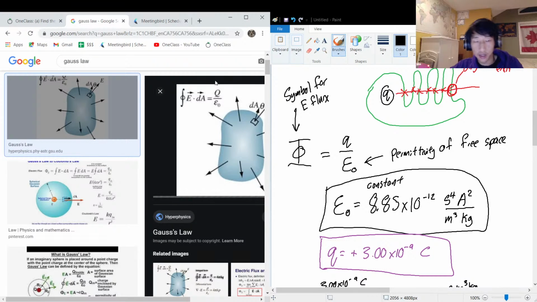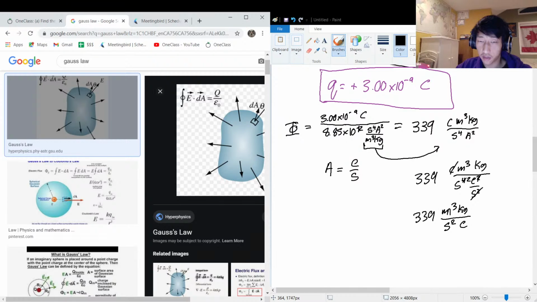Is equal to this. So this is where it comes from for Gauss's law.